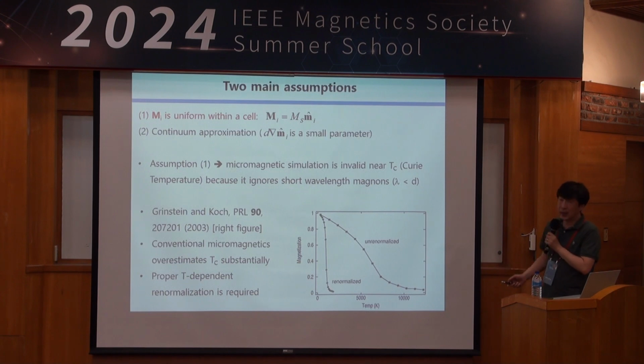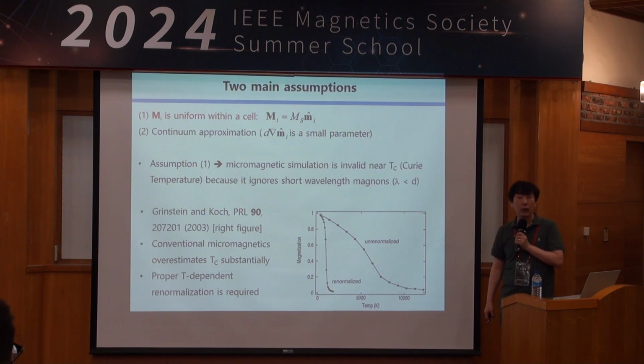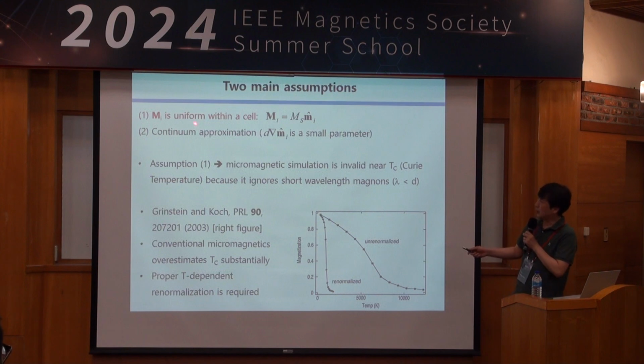In this paper they solved the LLG equation for the magnetization versus temperature. They just used this assumption, then they got this result for cobalt. So you see that the Curie temperature is 10,000 Kelvin, which is hugely overestimated because this assumption ignores high-k magnons within a unit cell.